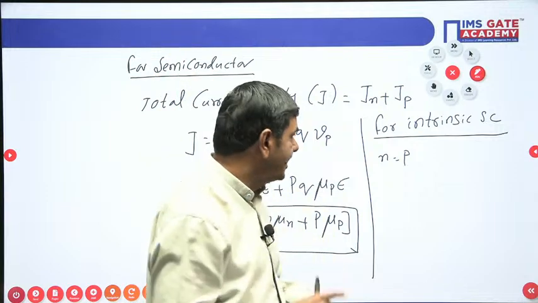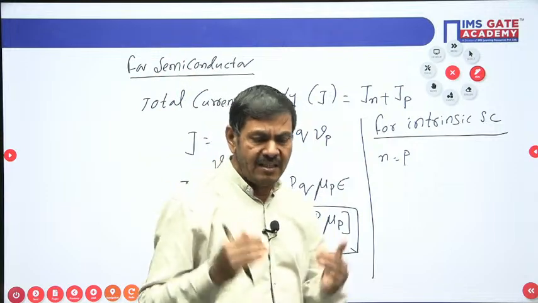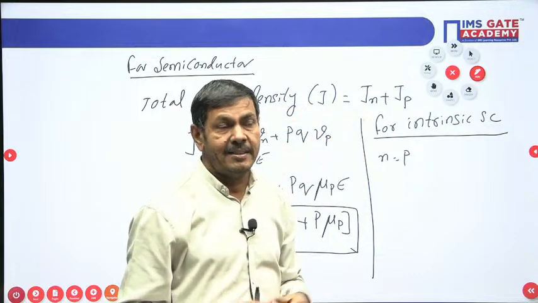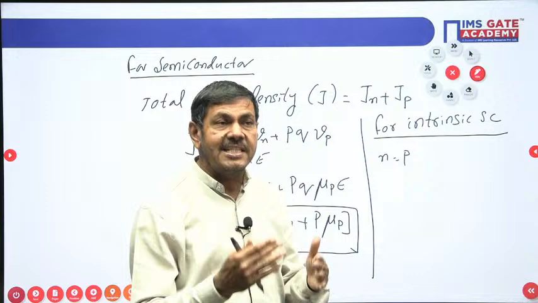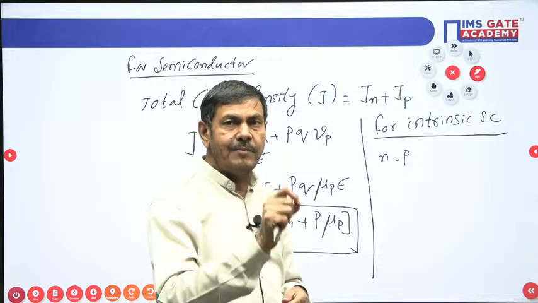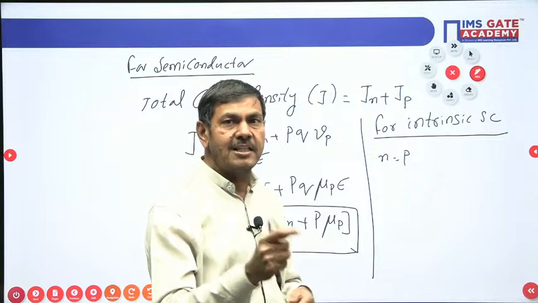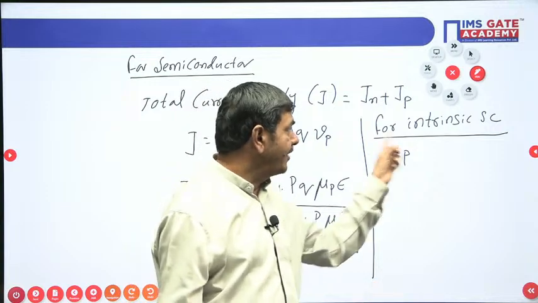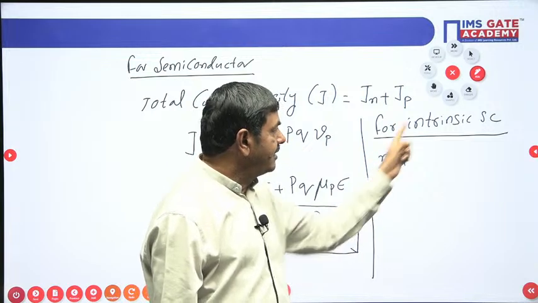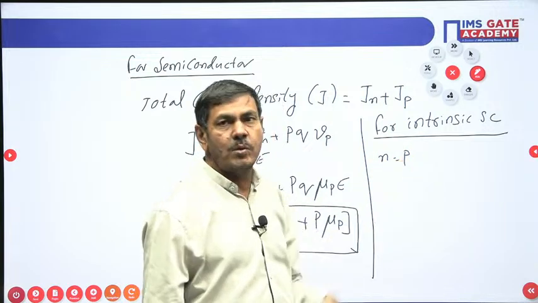As many electrons pass to the conduction band, that many vacancies are created in the valence band. The vacancy of an electron is called a hole. That's why for an intrinsic semiconductor, the concentration of electrons N equals the concentration of holes P.